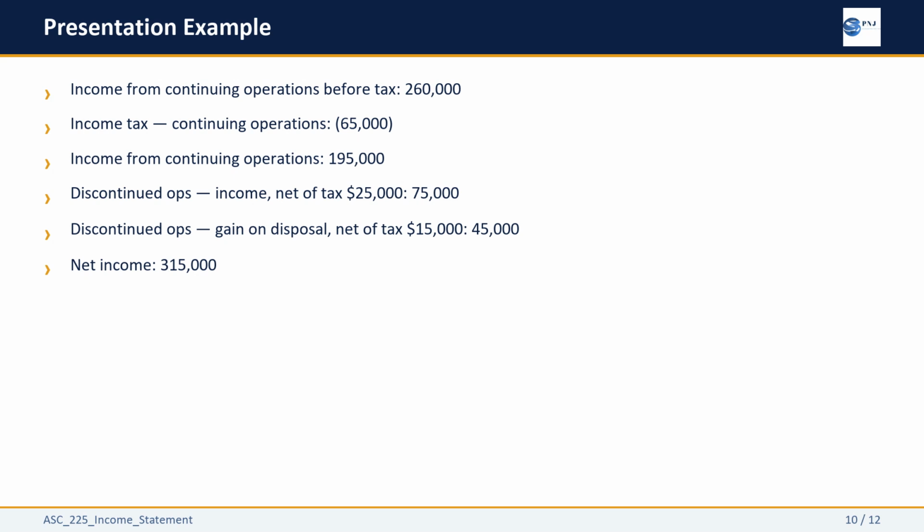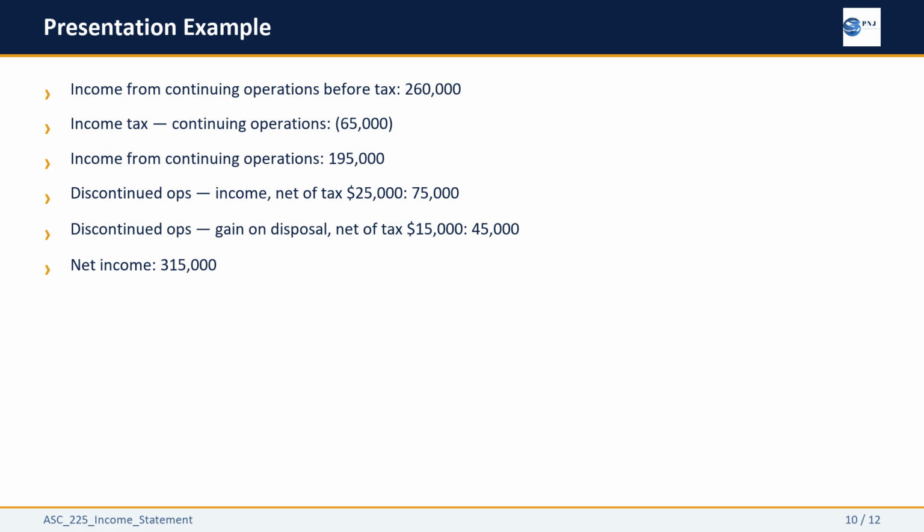Walk through this illustrative example. The entity earned $260,000 before tax from continuing operations, paid $65,000 in related taxes, and reports $195,000 from continuing operations. Below that line, the discontinued segment contributed $75,000 of operating income, already net of its $25,000 tax, and a $45,000 gain on the disposal itself, net of its own $15,000 tax.